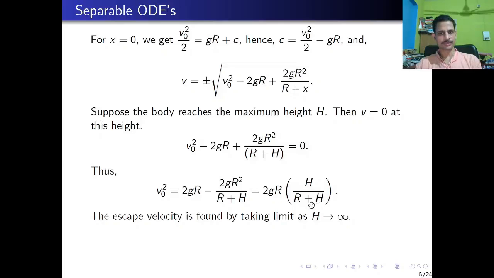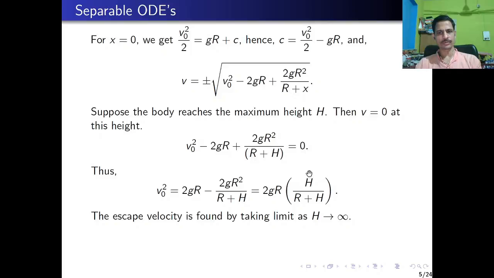In order to do that limit here, what we do is we divide the numerator and denominator by h. So we will have 1 by r by h plus 1. So when h tends to infinity, the numerator is 1, the denominator has r by h, and as h tends to infinity, that quantity will become 0, and here we have 1.